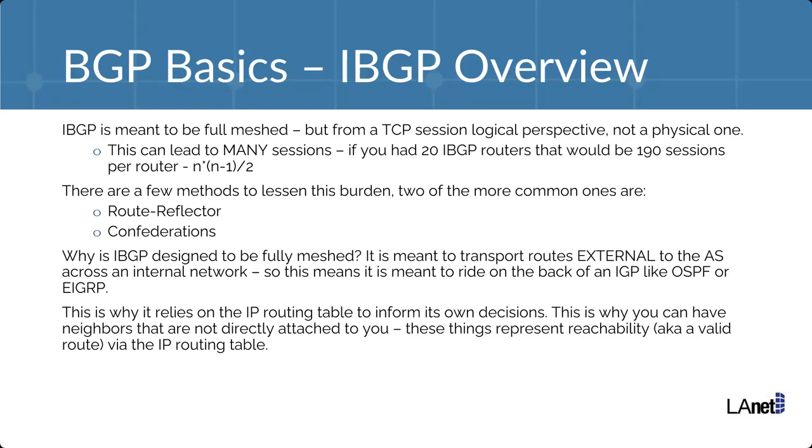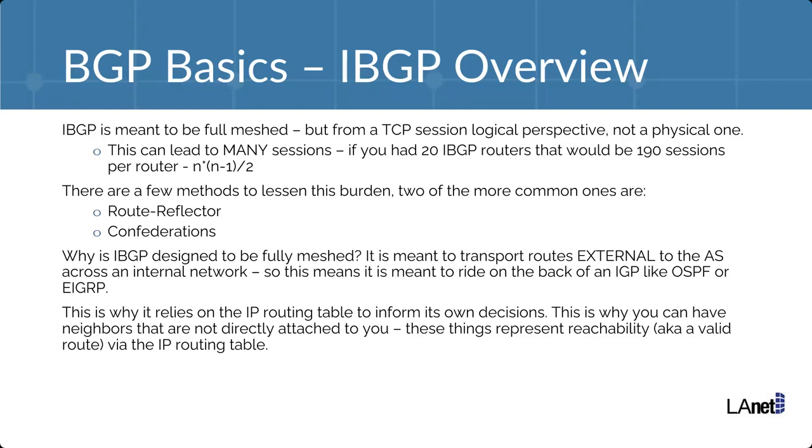So right away, we need to deal with one of the first oddities in IBGP, which is that this full meshing is not based on physical connectivity. Normally, if we say two routers are neighbors, it means that there's a cable that connects them, that they have a network in common, right? Not so in IBGP.